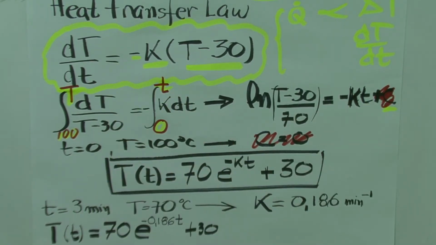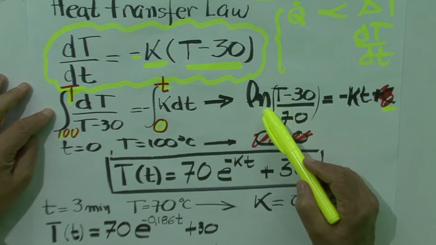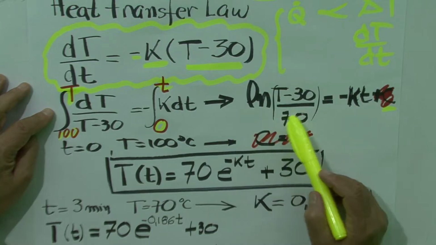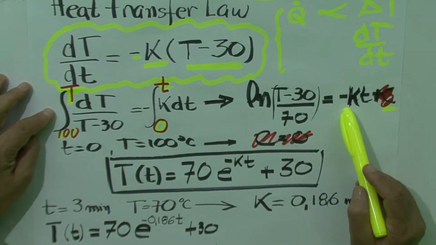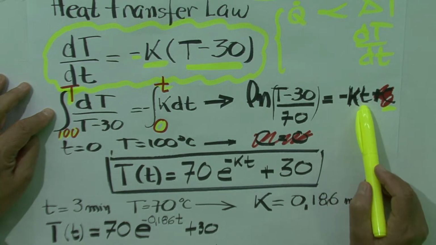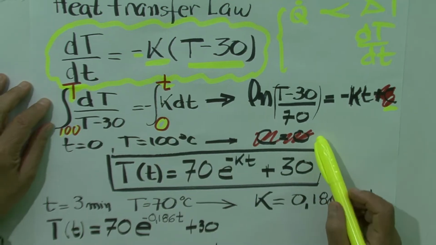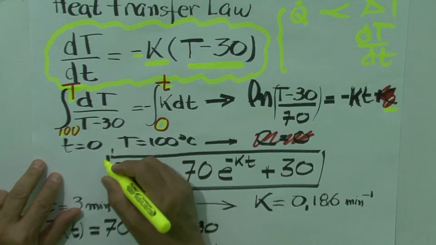Then when I do the integral, this part is the logarithm of T minus 30 divided by 100 minus 30, that's 70. And on the other side of the equation, minus kt, because k is a constant. And then I can invert the log, and I end with the solution.